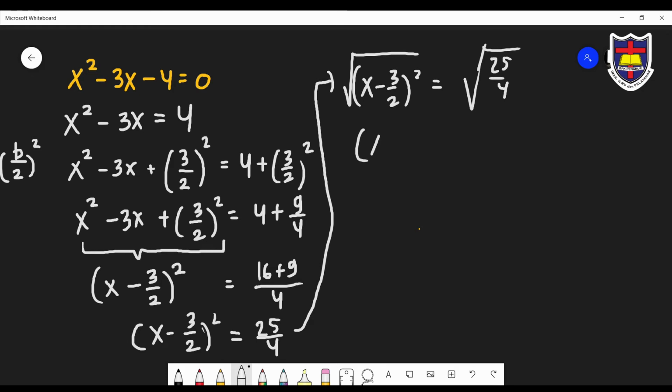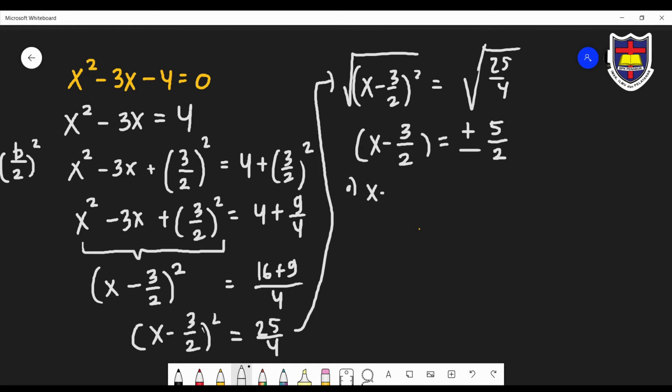So we have x minus 3 over 2 equals plus or minus the square root of 25 over 4. We must find the square root of 25, which equals 5, and the square root of 4 equals 2. Okay, so after it, we must find the first root.